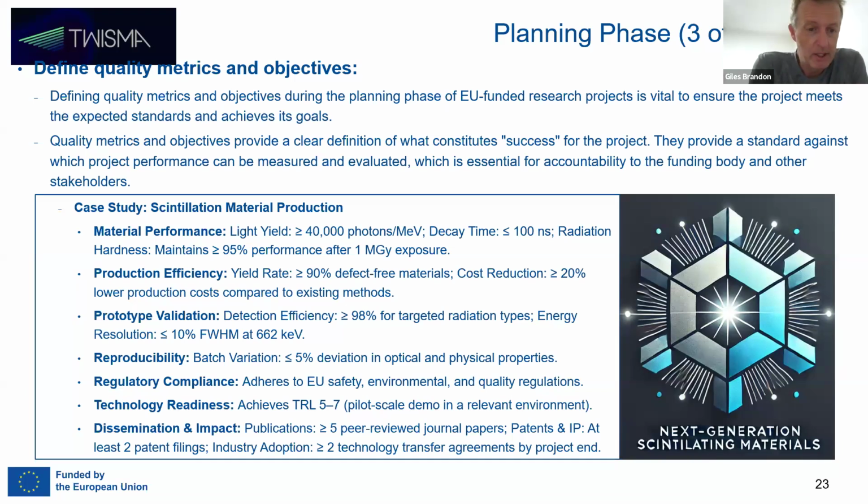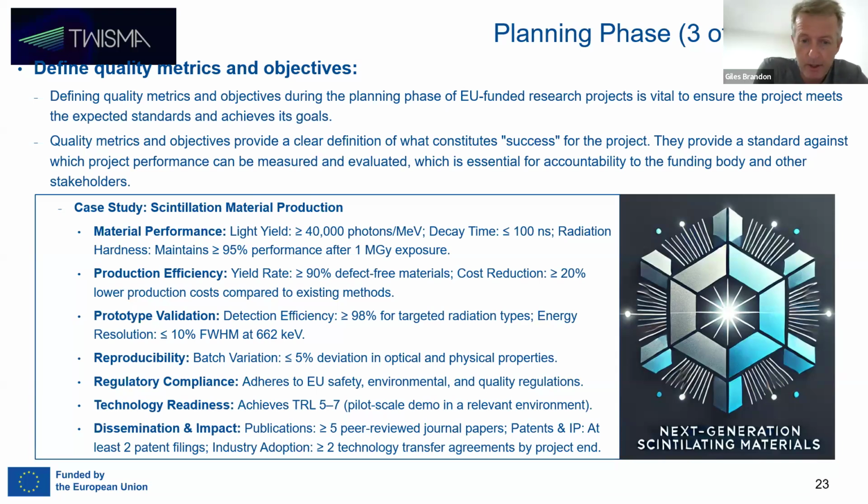On the production side, our efficiency, maybe we'd be saying we're trying to get a yield rate above 90%. Maybe for our cost reduction, we want to get more than 20% lower production costs compared to existing methods. For the prototype validation, we might be setting ourselves the following targets.